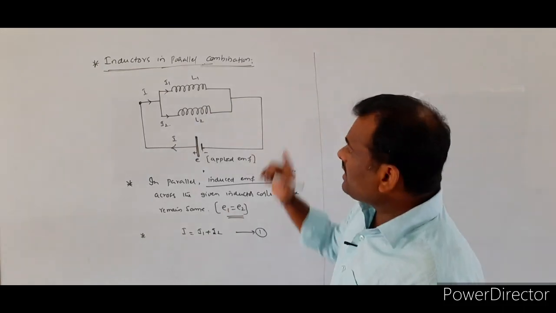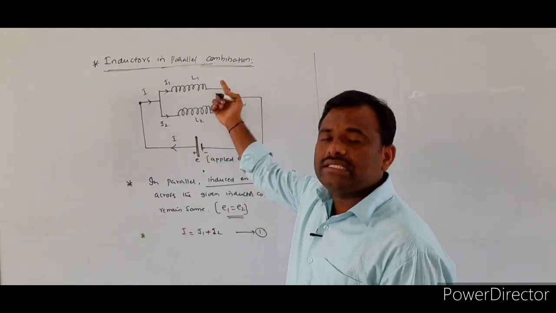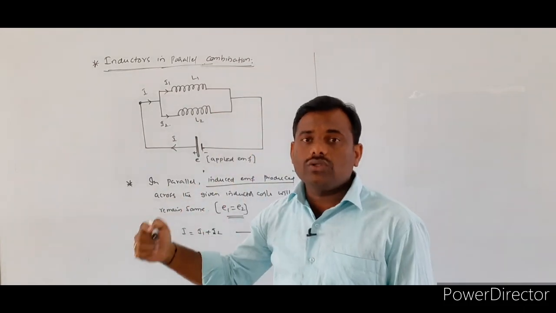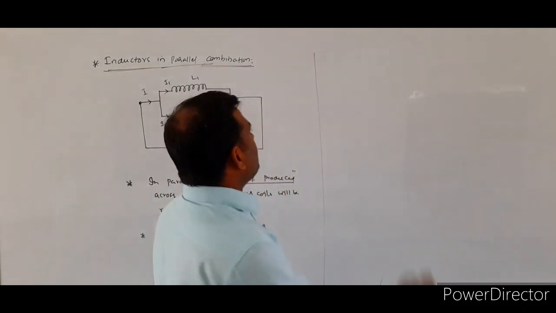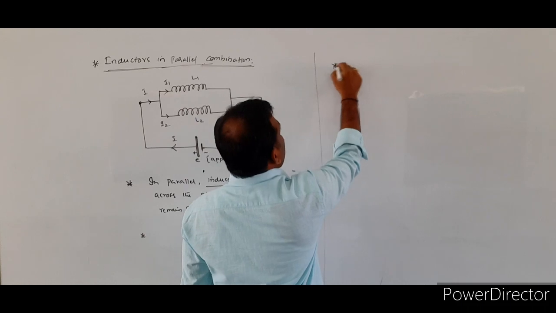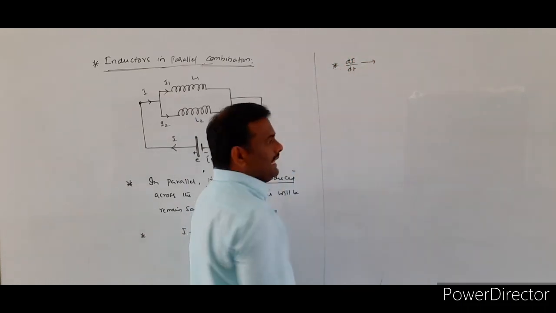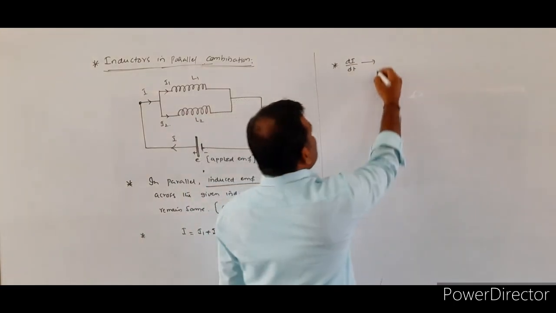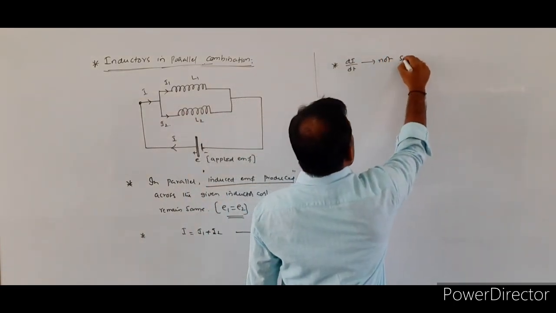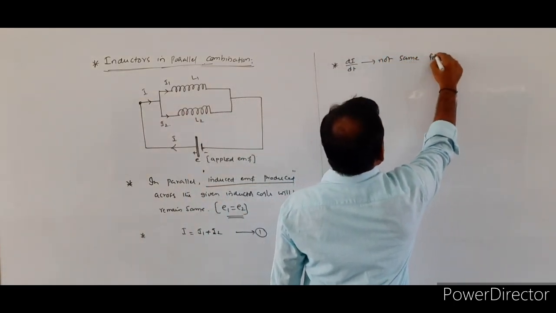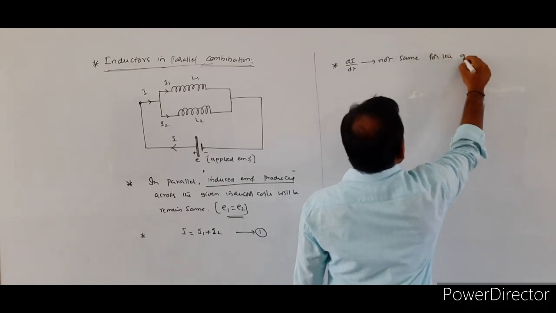Here both the coils are placed parallel to each other, so in this case the di by dt value is not the same for the given coils.